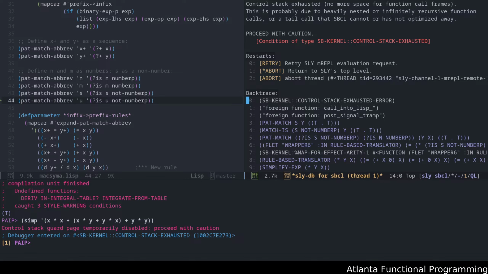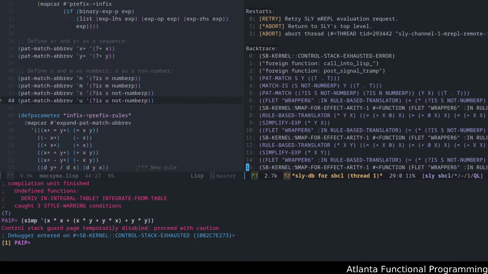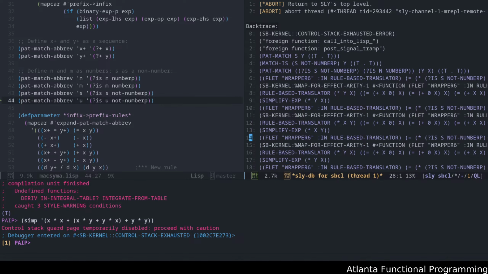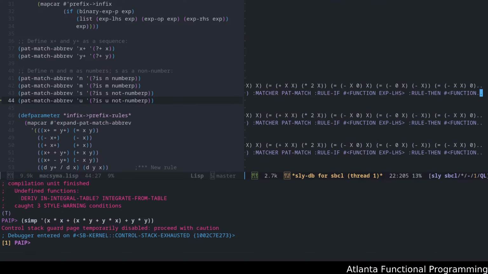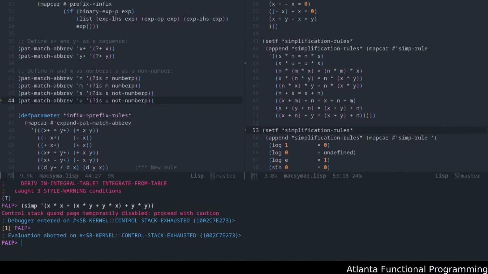It's trying to simplify the expression here in stack 9. So let's just go through each of them. Rule-based translator. Attempted to do that, then maybe the base case needs to change.